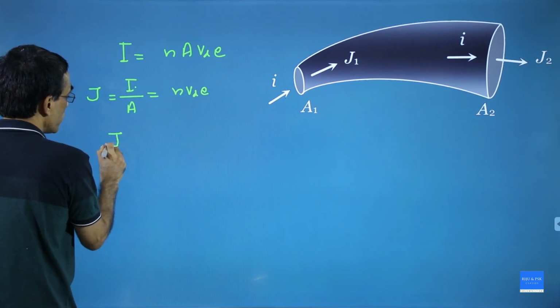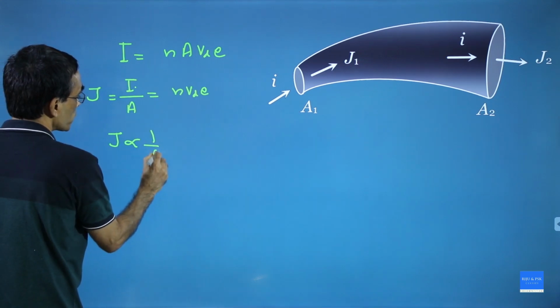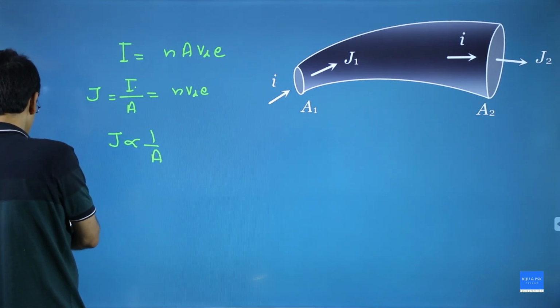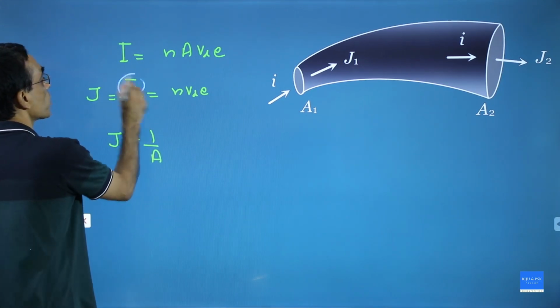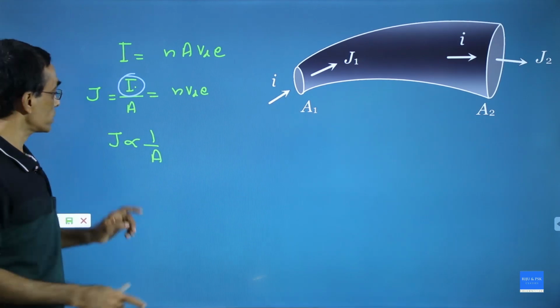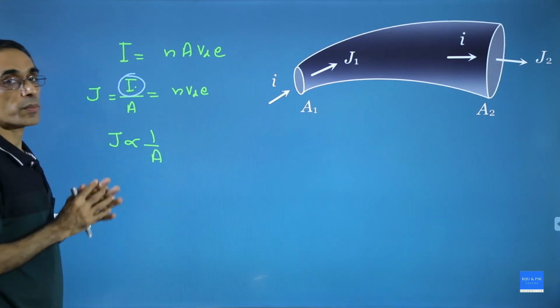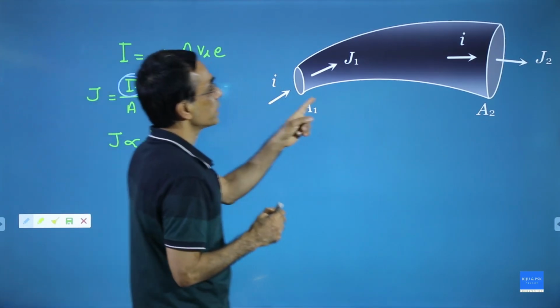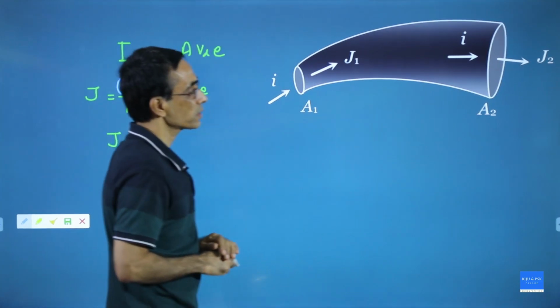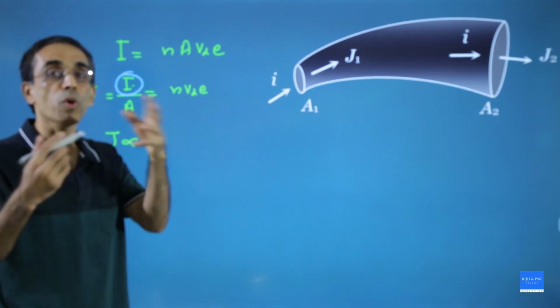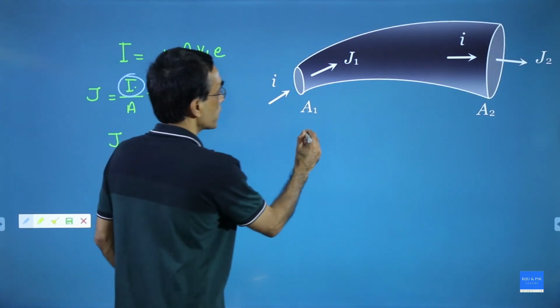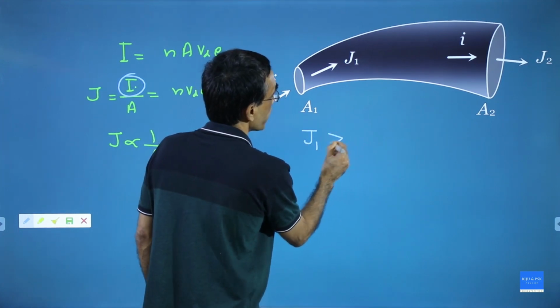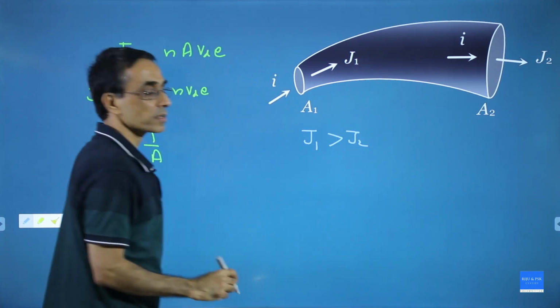So we can say J is inversely proportional to area, because it is given that I is constant. Only when I is constant, current density is inversely proportional to area. So if I say J1 and J2 are current densities, the current density will be more in the smaller area. So we can say J1 will be greater than J2. Fine.